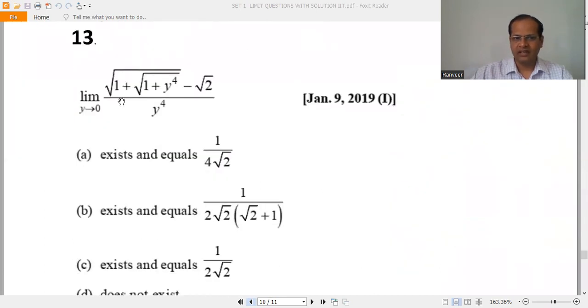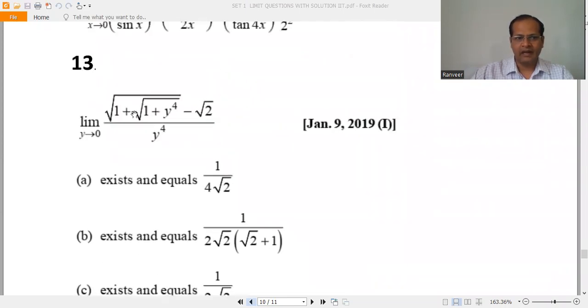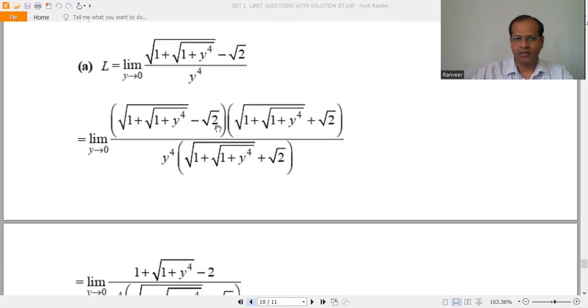Question number 13. This is just a rationalization process, limit y tending to 0 root under 1 plus root under 1 plus y to the power 4 minus root 2 divided by y to the power 4. Just you can see, once we do the rationalization, this is complete rationalization.